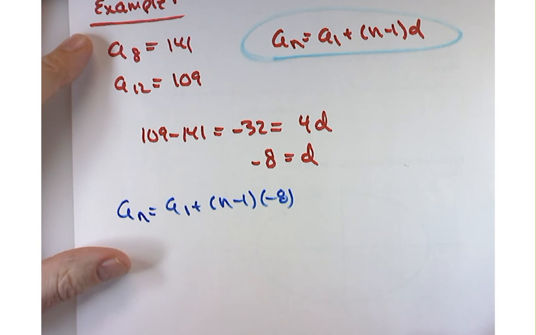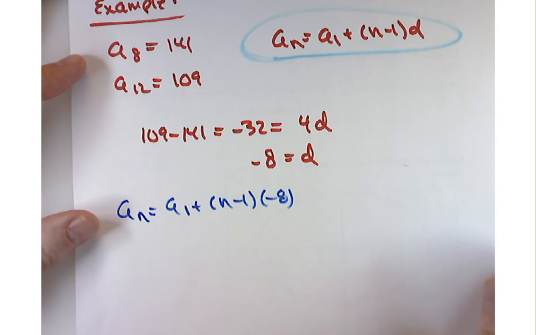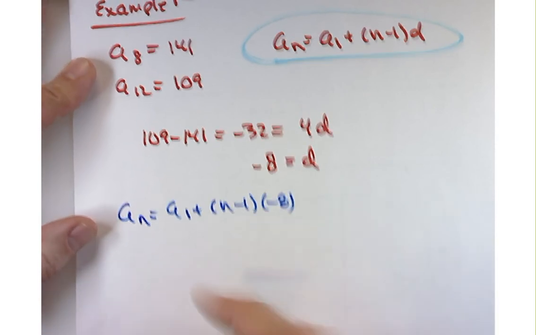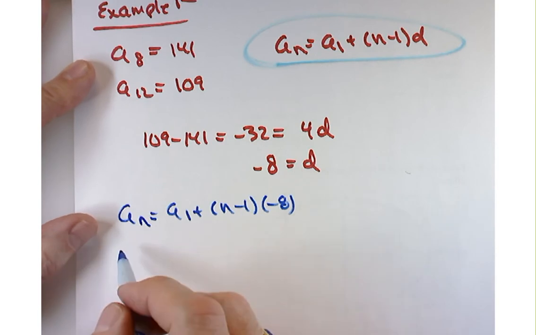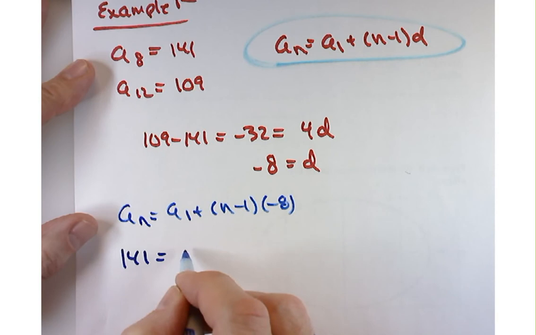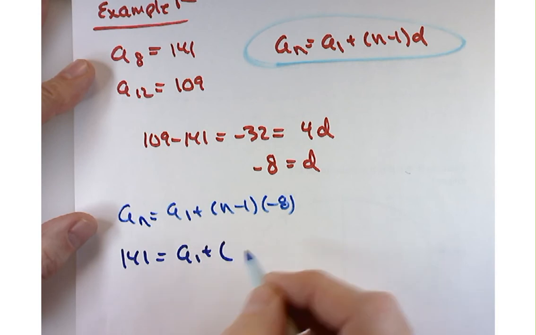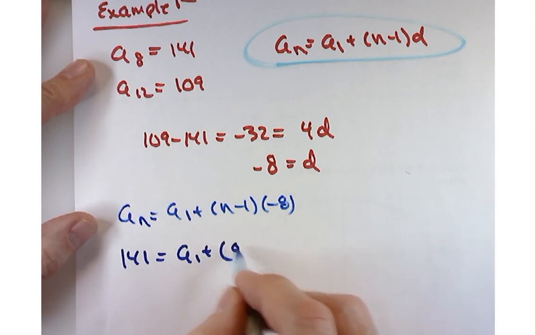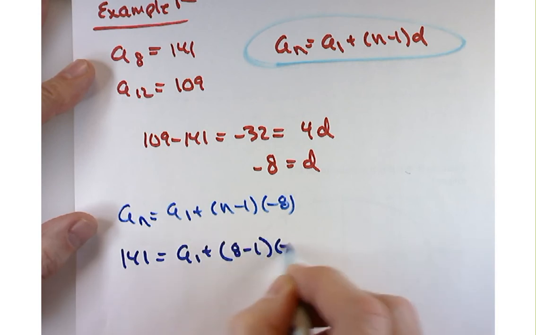There's a couple ways. Sean, any suggestions? We could do something similar to what we did last problem. Plug in 141 equals a sub 1 plus 8 minus 1 times negative 8.